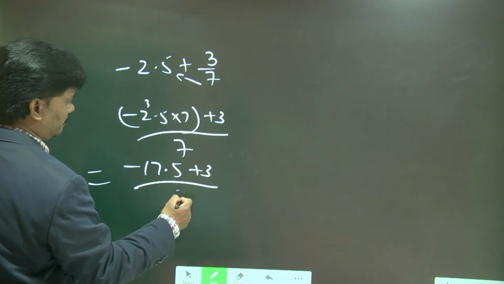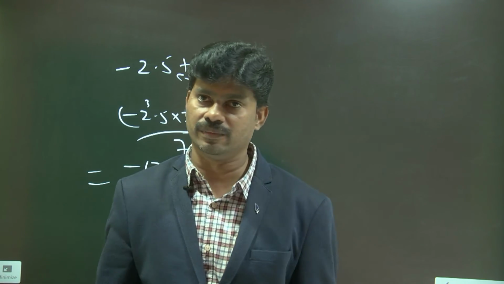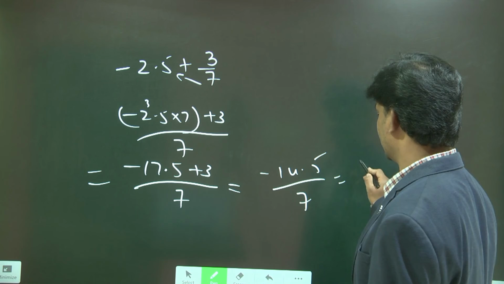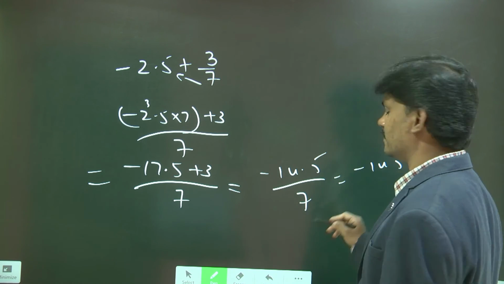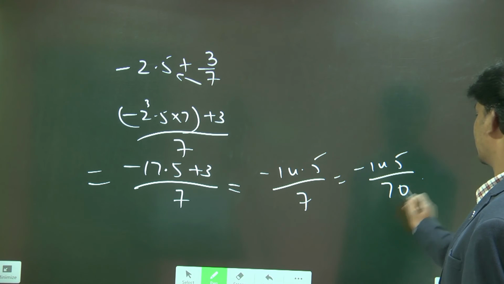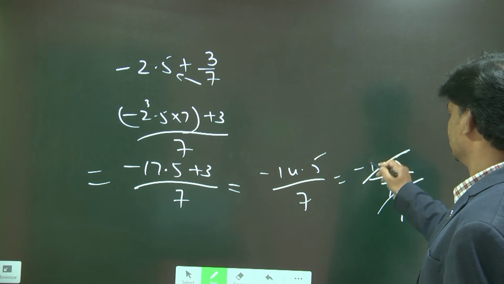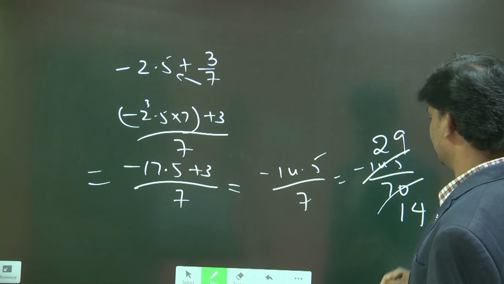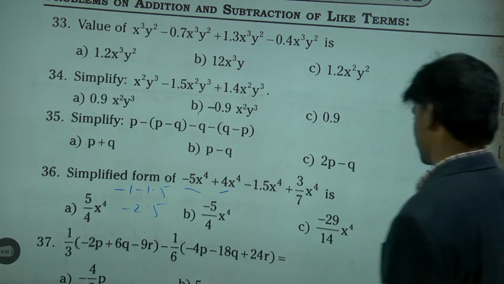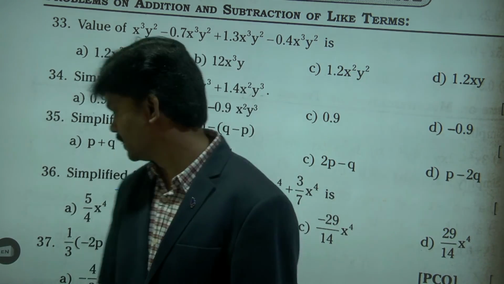Minus 17 plus 3 is minus 14.5. So for the decimal, take a 0 in the denominator, or multiply by 10 over 10, you will get 145 by 70. Let's cancel by 5: 1, 4 and 29. Minus 29 by 14. Let's check the answer. Yes, option C is correct. Minus 29 by 14 x power 4 is the answer.